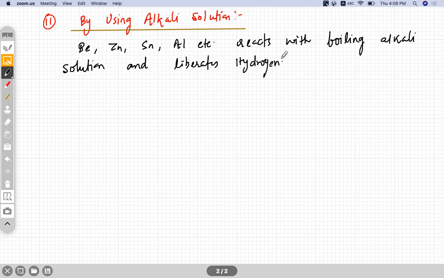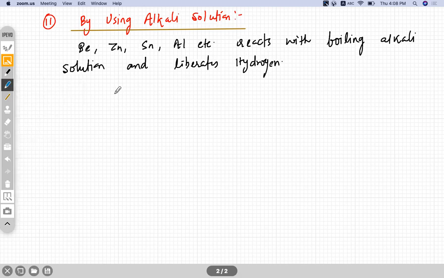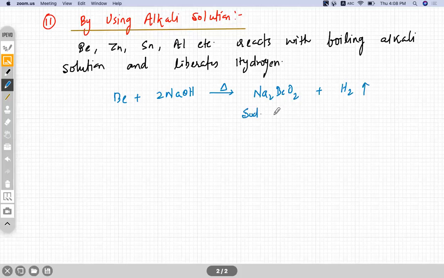Okay, reactions you see: beryllium with 2NaOH. When you heat this, it forms Na2BeO2, and H2 is released. This compound we call sodium berylate.